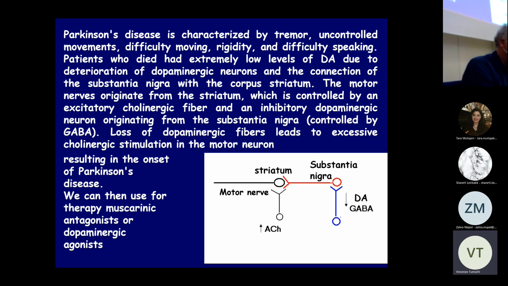So at the moment, we try to increase the activity of the few neurons that remain in the brain, or in this case, we can increase the activity of dopamine by using specific agonists.